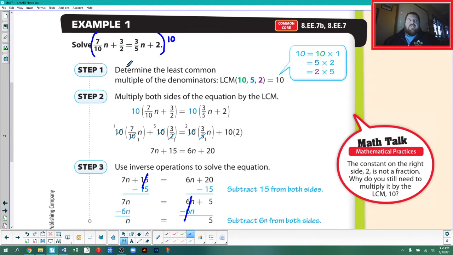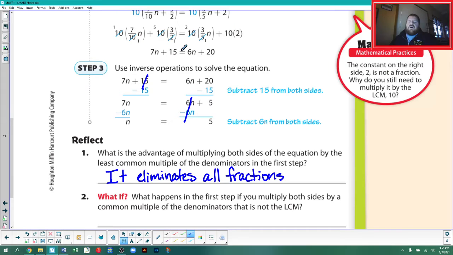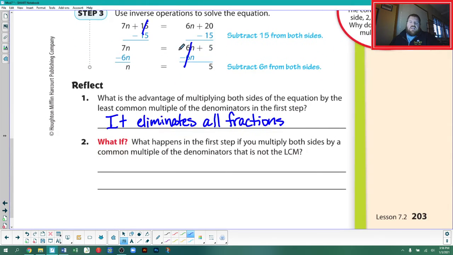We don't have to have common denominators when we multiply or divide, but when we add and subtract, we do. So that's why it's a little bit less work than it seems to not eliminate all your fractions right away. But that is the advantage, that it gets rid of all fractions and I just have whole numbers left.